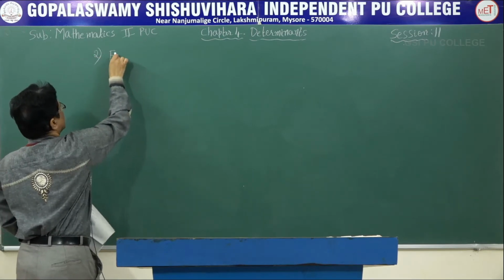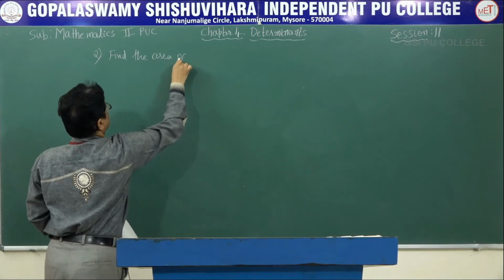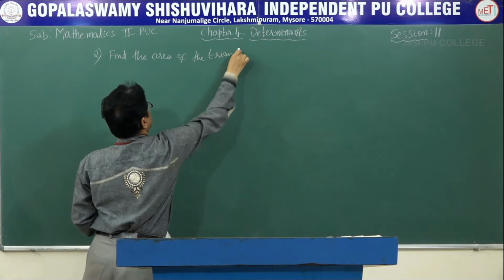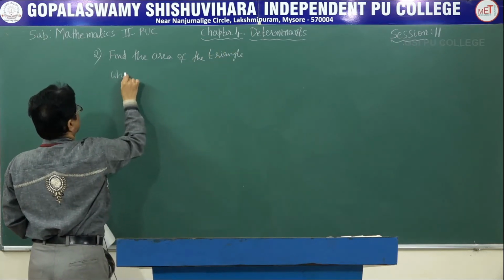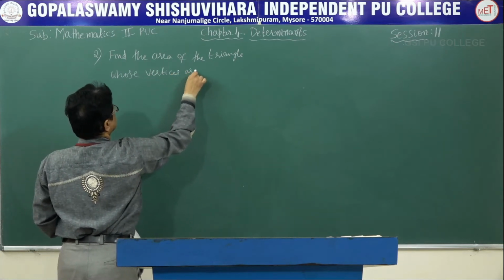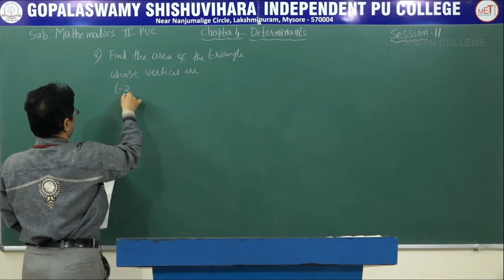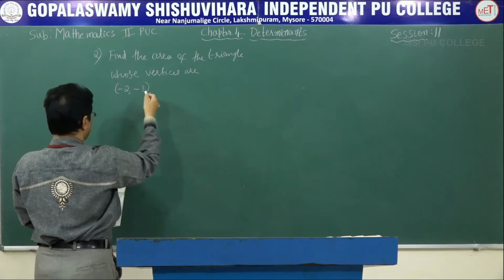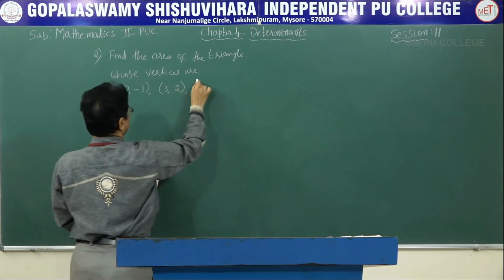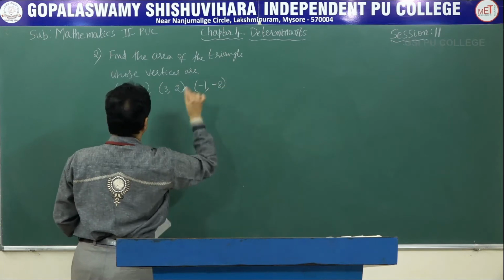Second problem, find the area of the triangle whose vertices are (minus 2, minus 3), (3, 2), (minus 1, minus 8).